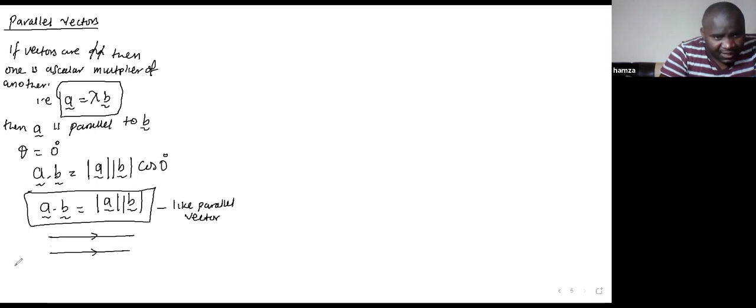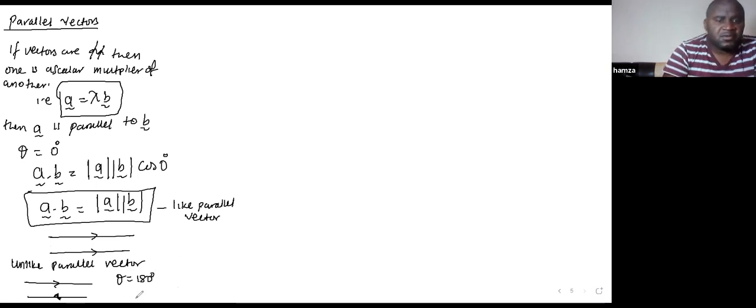Then we have what we call the unlike parallel vectors. The unlike parallel vectors, one faces this way, the other is facing that way. They are parallel, but they are unlike, not going in the same direction. It means the angle between them is 180. Because you draw the resultants, they will look like this. One goes this way, one goes that way.